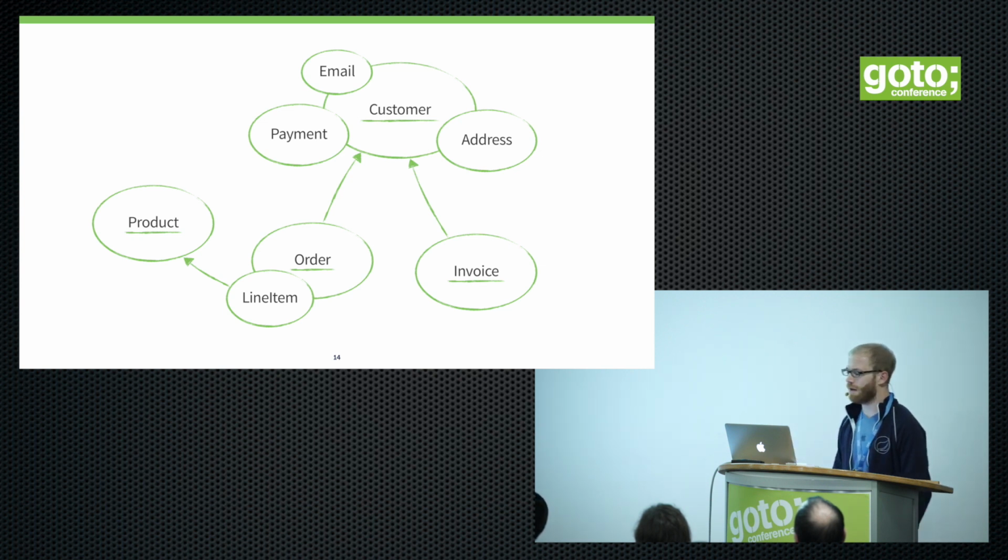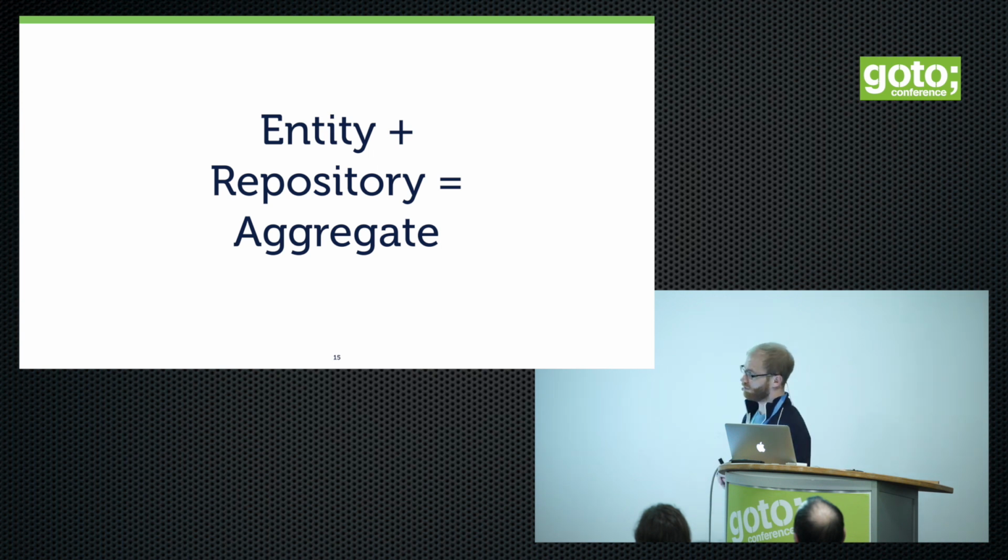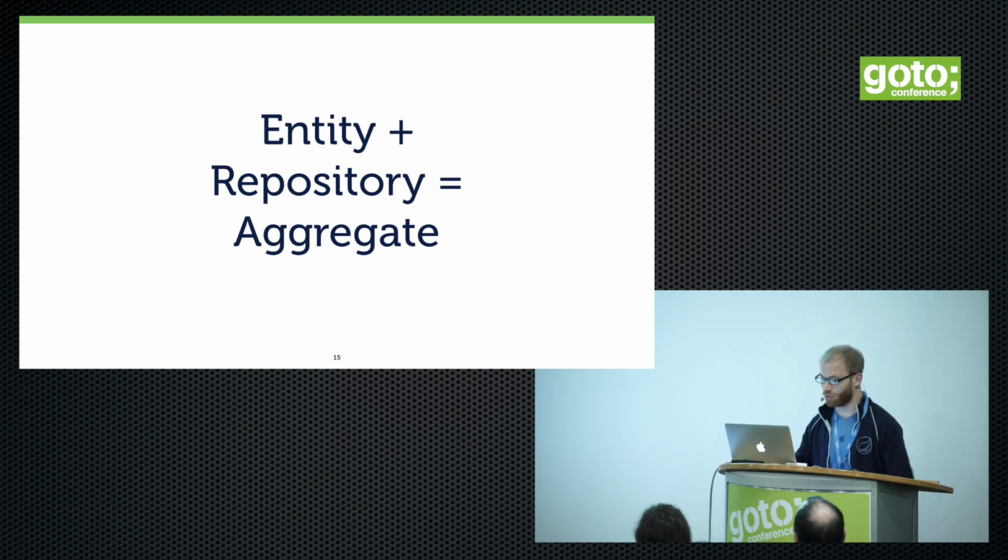Fortunately, a repository is defined to be, I mean, it's not defined that way around, but essentially, an entity plus a repository forms an aggregate. Why is that? An aggregate, or the aggregate root in particular, is defined to be the thing that you interact with, that you pull out of the repository, or that you create through a factory.